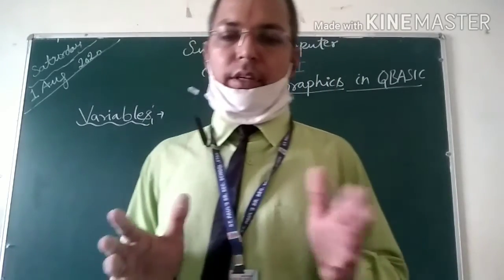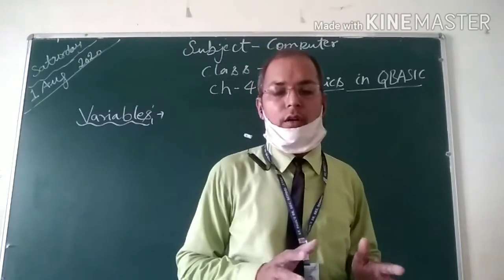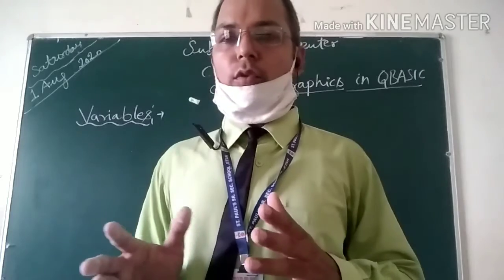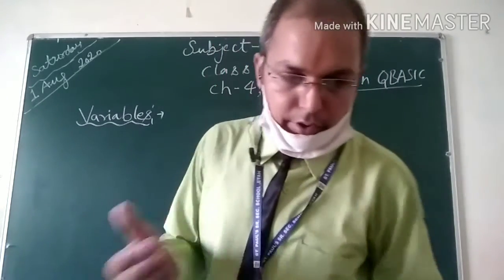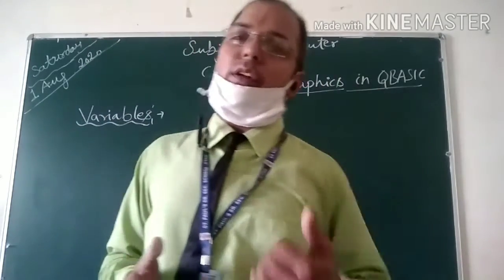A variable has a type which is defined by the kind of value it holds. Variables can be classified in two groups: numeric and string variables. So first of all, I will repeat the definition of the variable.